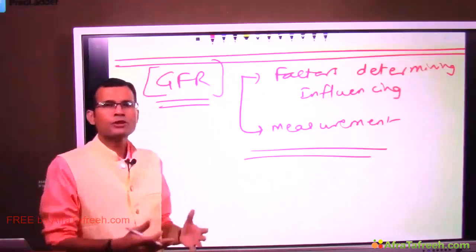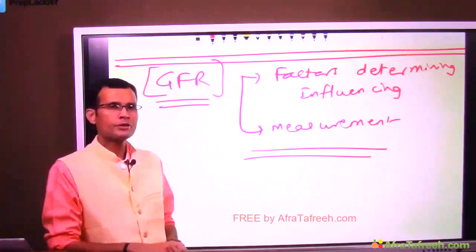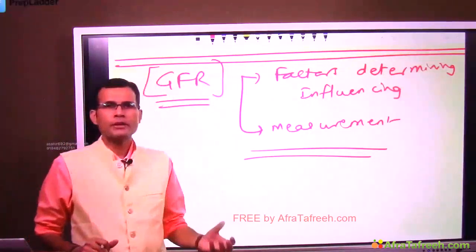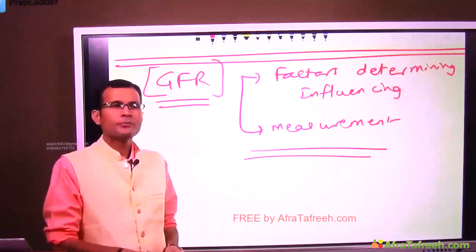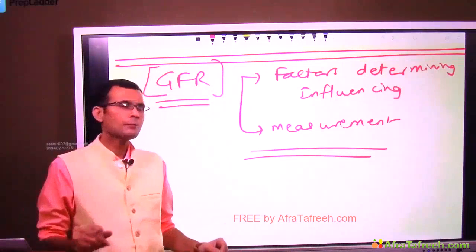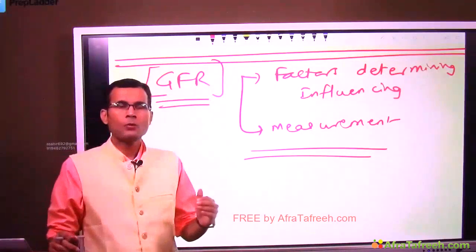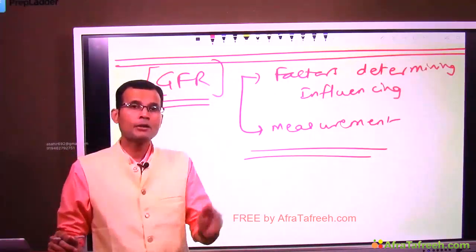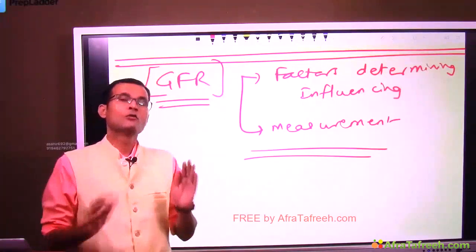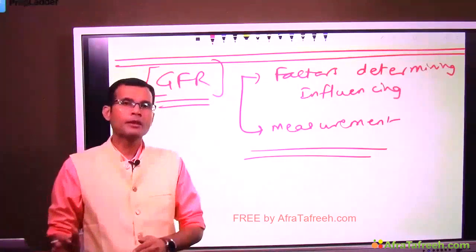And what question has been asked on this particular section? For instance, in a patient suspected of renal failure, the creatinine clearance was found to be 135 ml per minute.